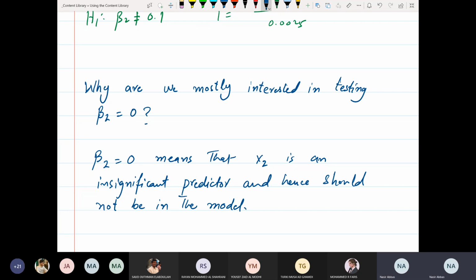If the coefficient of x2 is 0, that term should vanish. So mostly you will see we are interested in beta 1 equals 0, beta 2 equals 0, beta 4 equals 0, beta 5 equals 0.